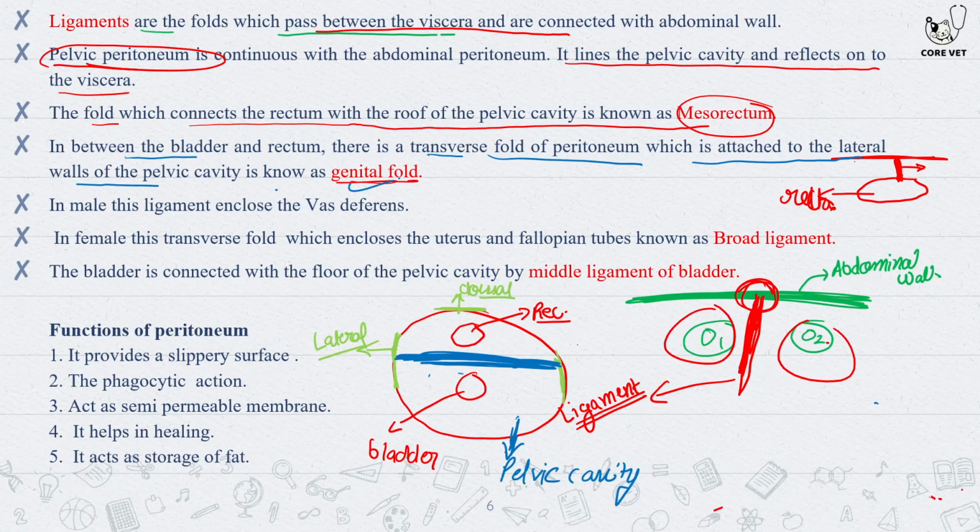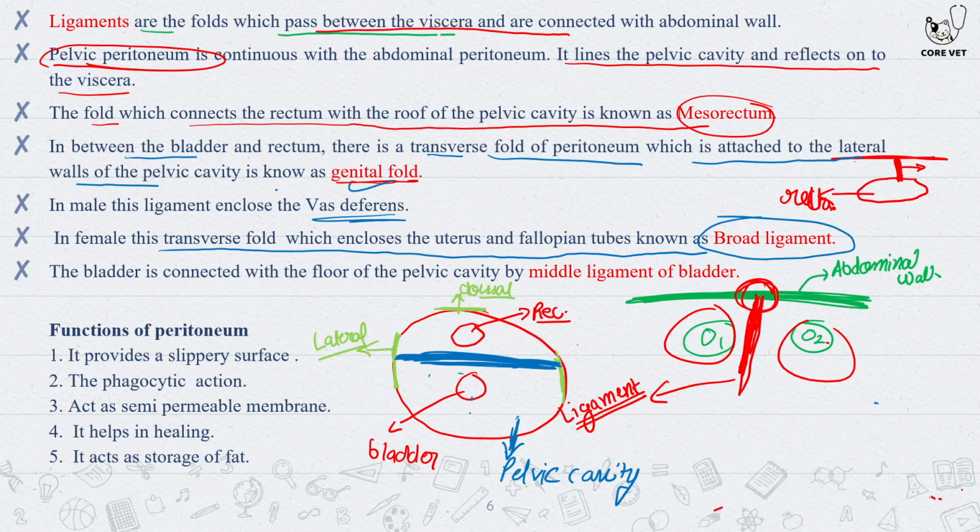In male, this ligament encloses the vas deferens, and in the female, this transverse fold which encloses the uterus and the fallopian tubes is known as the broad ligament. A point to notice. The bladder is connected with the floor of the pelvic cavity by the middle ligament of the bladder.